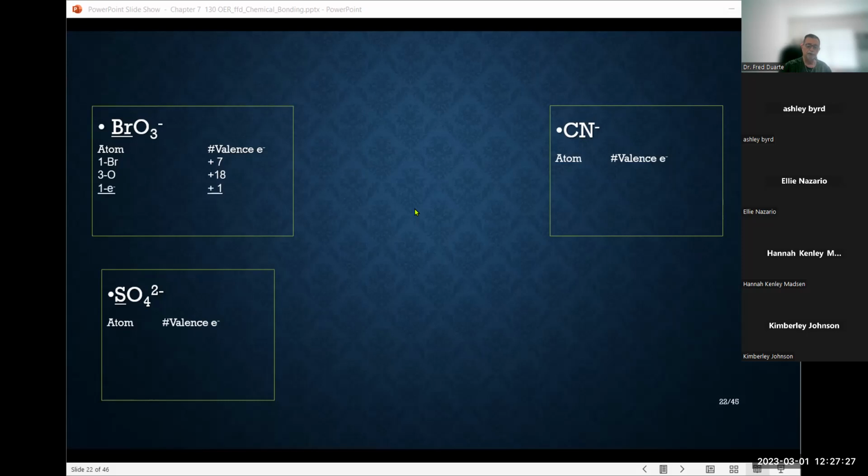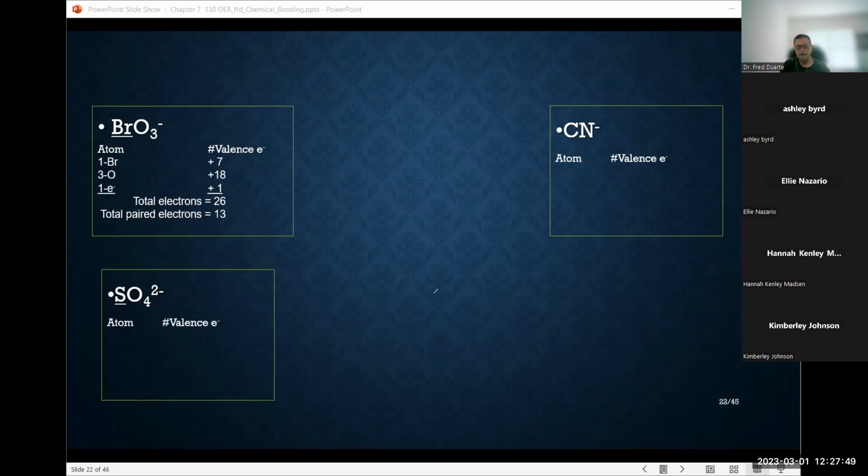And then we add 1 because it's a -1 charge. So we have a total of 26 valence electrons, for 13 pair. Okay, so now we have this information, we can do what we've done before.